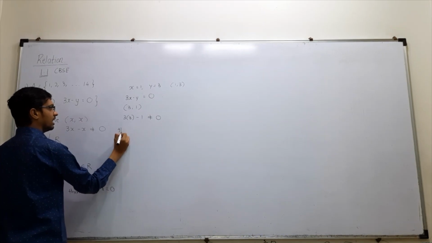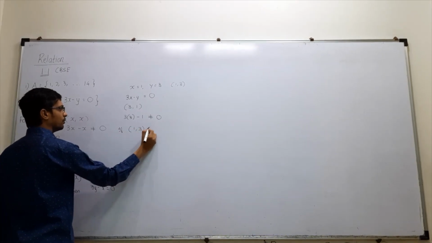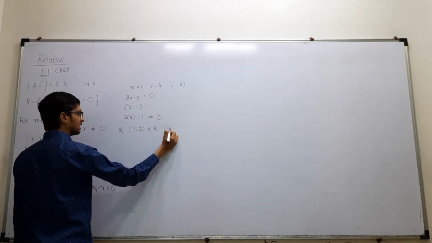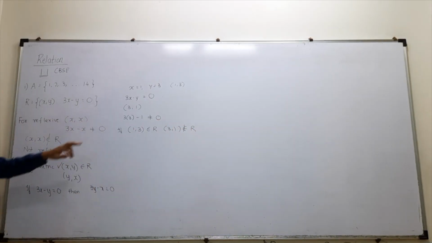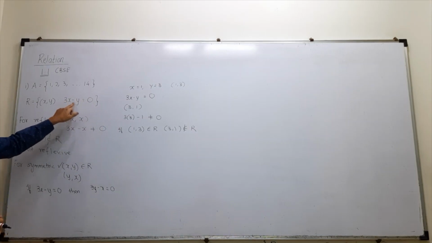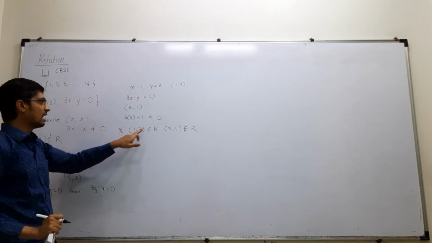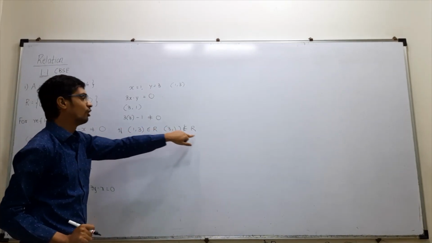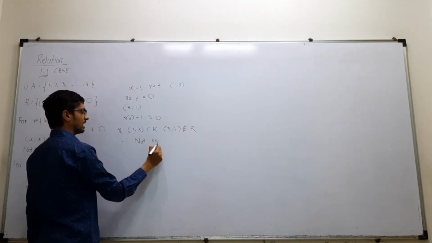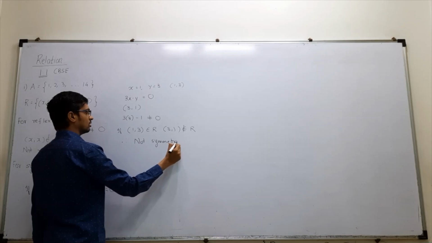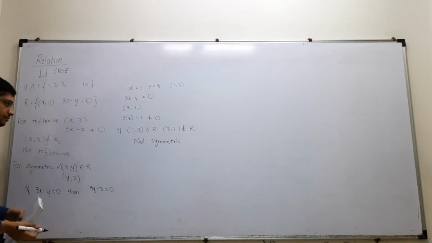That is, if 1, 3 belongs to R, then 3, 1 does not belong to R. Simple. Therefore, it is not symmetric. Not symmetric. Okay?